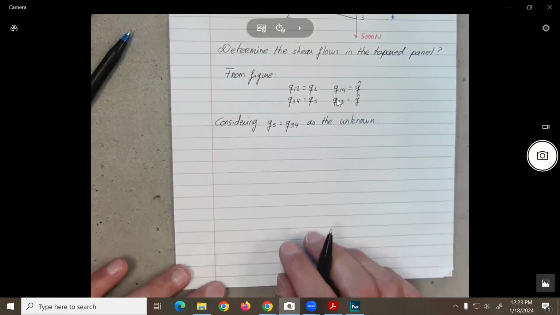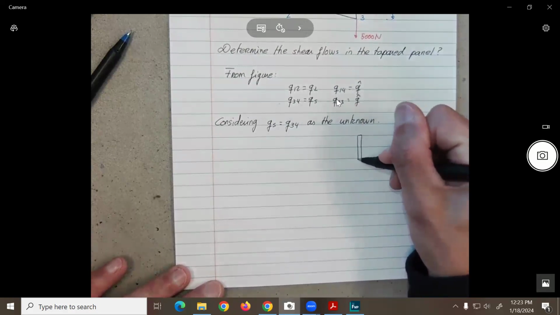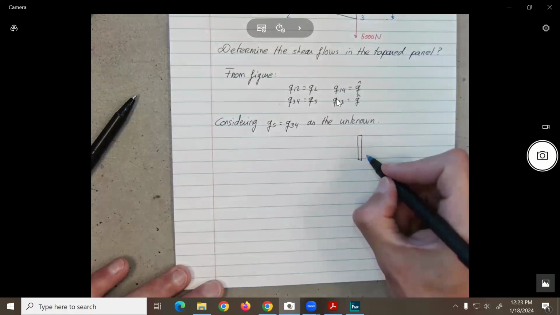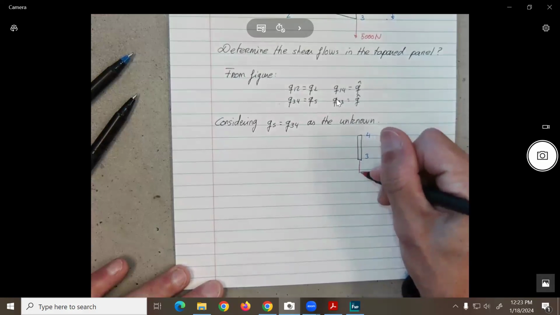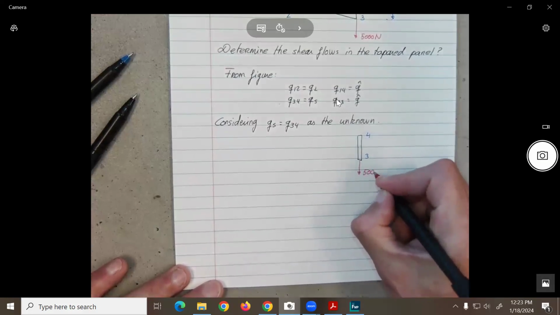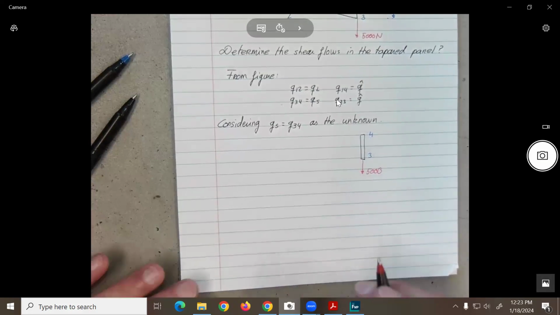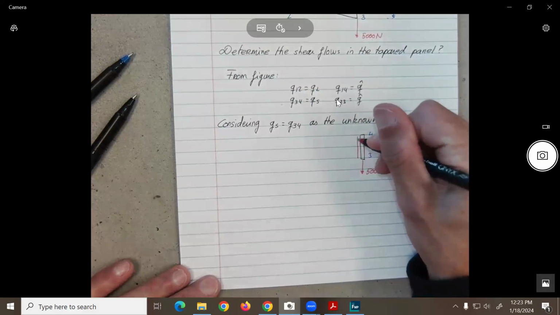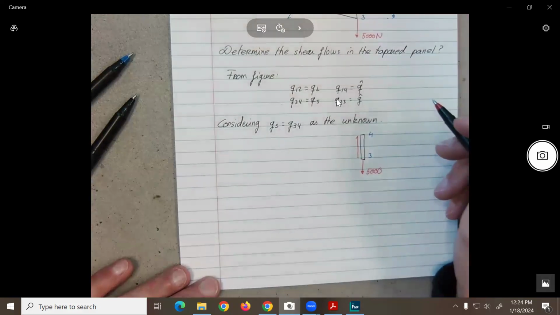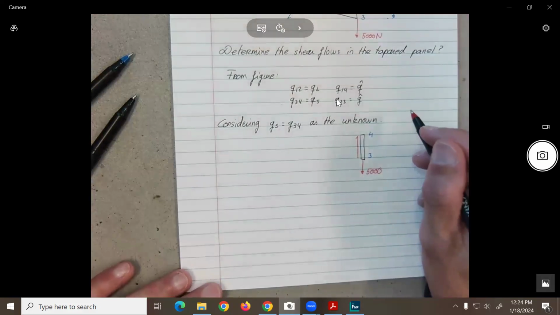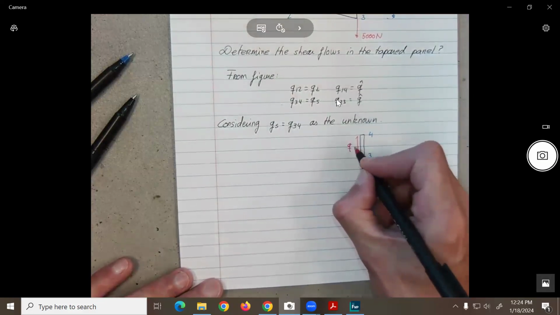Okay, what can we do on member 3-4? What do we have on 3-4? Remember, this is the unknown that we need to find. That's where the load is applied. When you look at this figure here, this should be Q short.